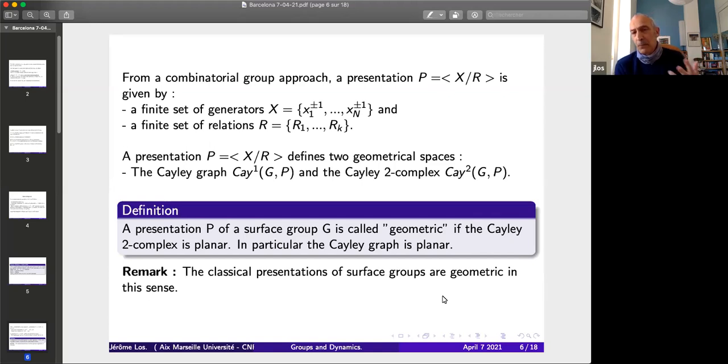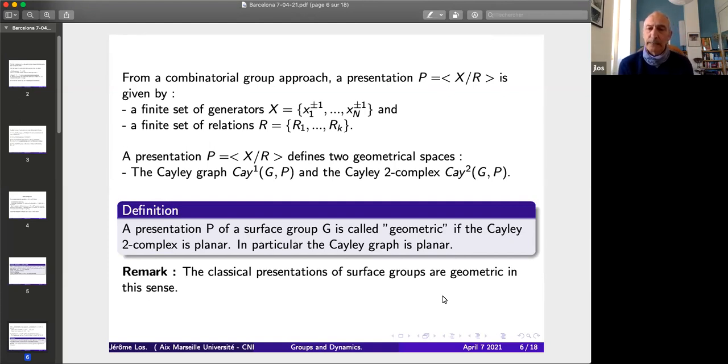I'm guessing that most of you have seen that, but a relation is a word in the set of generators. And the presentation defines, in fact, two geometrical spaces, very classical also: the Cayley graph, which I guess is so classical that I will not explain, and the Cayley 2-complex. It is also classical, but maybe less known in the dynamical community.